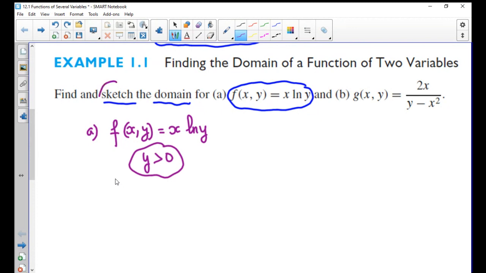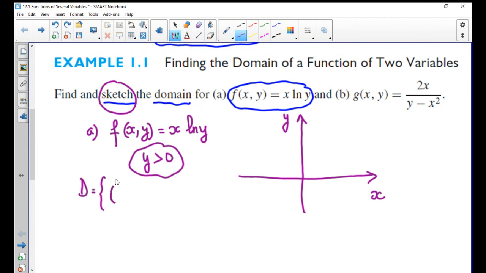So now, how do I sketch? Remember, the domain now is in the plane, xy. Where is the region? So the domain is all xy's in the plane such that y is greater than 0.